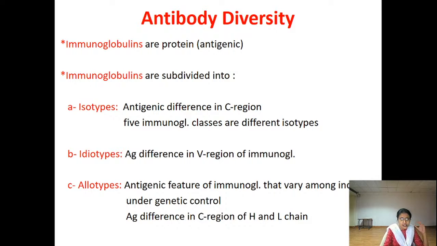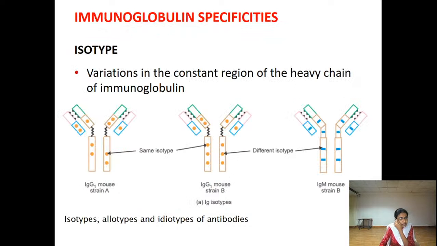Then coming to antibody diversity. These immunoglobulins are subdivided into three types: isotypes, idiotypes and allotypes. Okay. Isotypes means there is antigenic difference in the C region. The 5 different immunoglobulin classes are different serotypes.